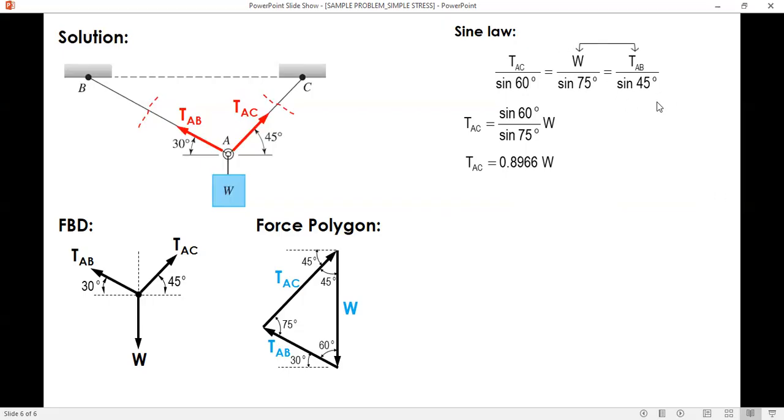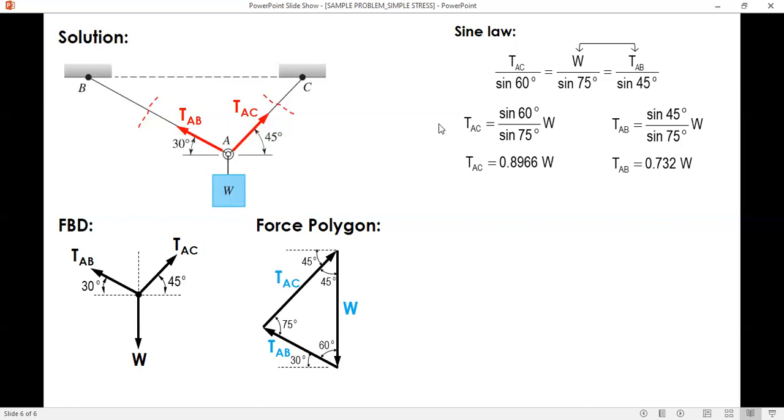So let's cross multiply sine 45 to the left side. We have this one, and then compute for this value. Sine 45 over sine 75 degrees. We have 0.732 W.